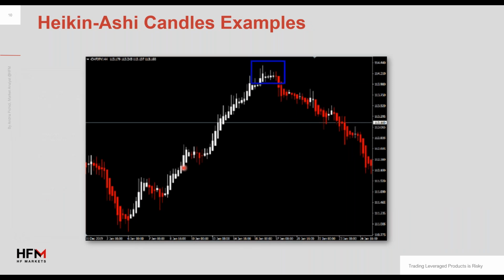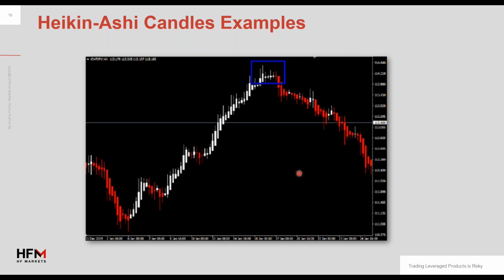So remember what I said earlier, that we're going to have a signal with a small body candle, or both a high and low wick in the same candle, which is the very first prime signal that something is changing in the momentum, but we need to always wait for confirmation.